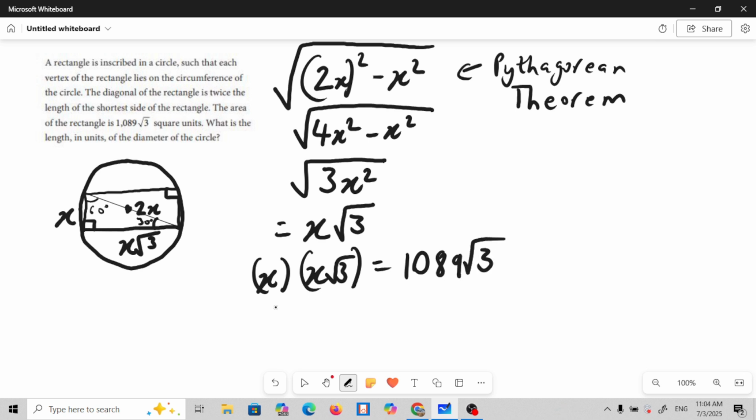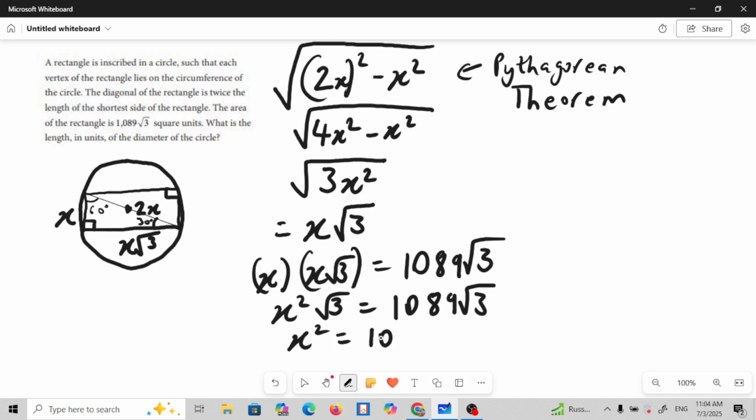And then we're going to get x squared times square root of 3 is equal to 1089 times square root of 3. So we divide by square root of 3 on both sides. We're going to get x squared is equal to 1089.